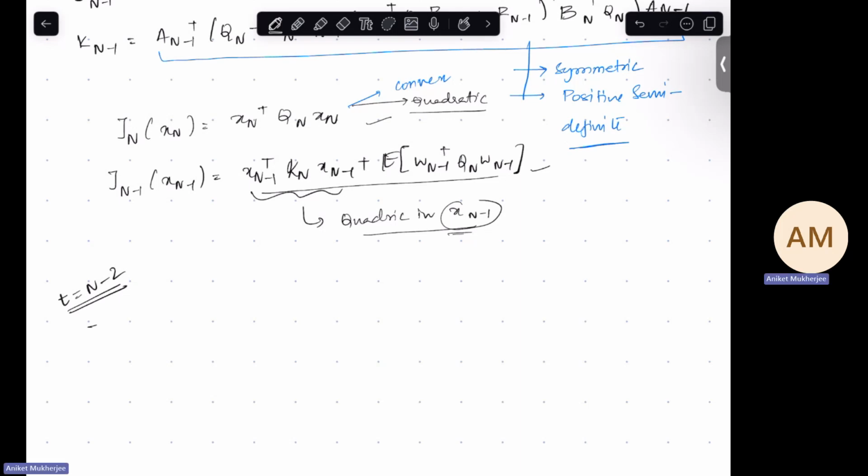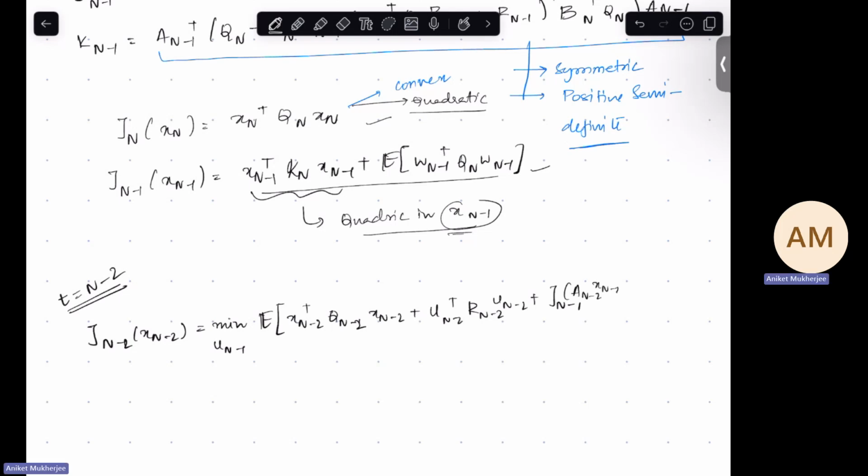at t equal to n minus 2, if you calculate Jn minus 2 of Xn minus 2 as min over Un minus 2 of the expectation of Xn minus 2 transpose Qn minus 2 Xn minus 2 plus Un minus 2 transpose Rn minus 2 Un minus 2 plus Jn minus 1 of An minus 2 Xn minus 2 plus Bn minus 2 Un minus 2 plus Wn minus 2.